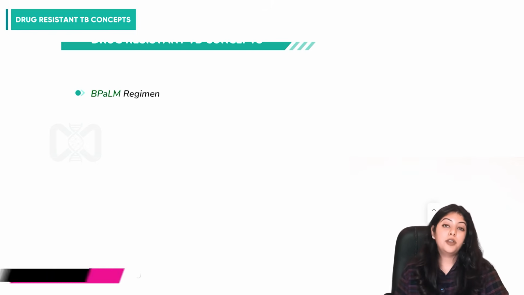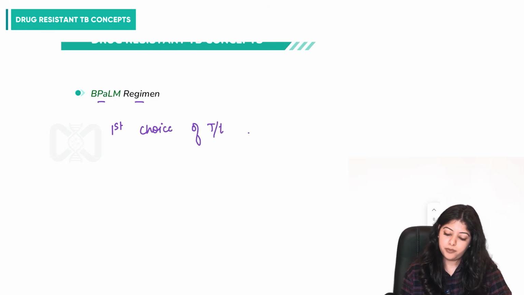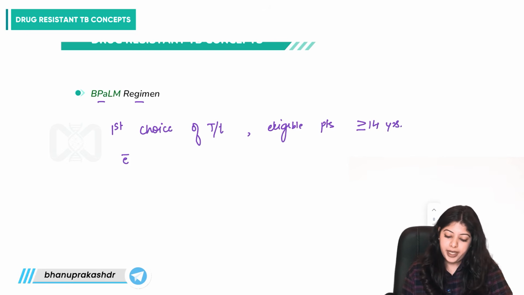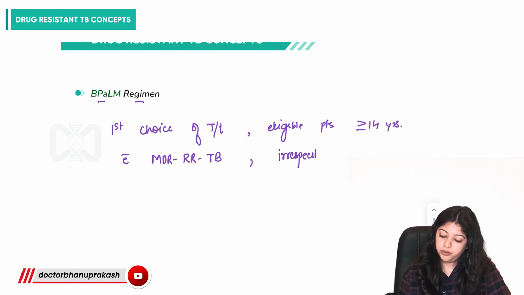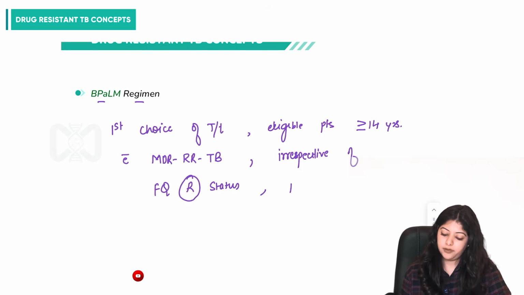Now this is the first choice of treatment in eligible patients of age group more than or equal to 14 years with MDR or rifampicin-resistant TB, irrespective of their fluoroquinolone resistant status or HIV status.